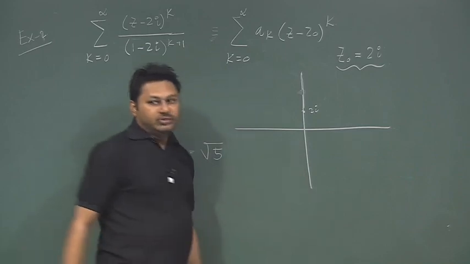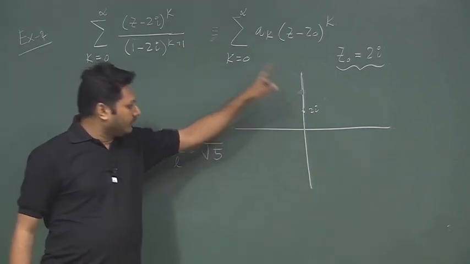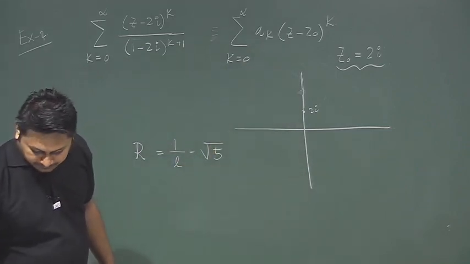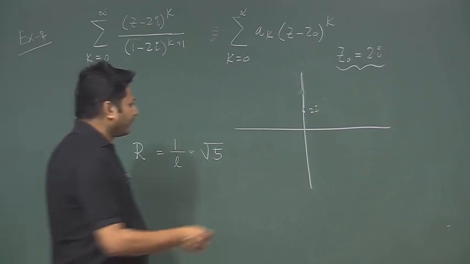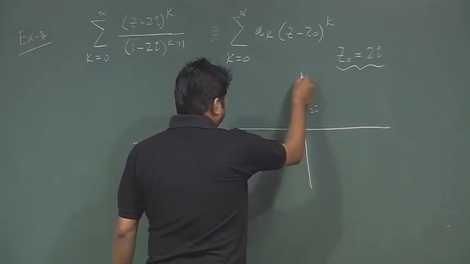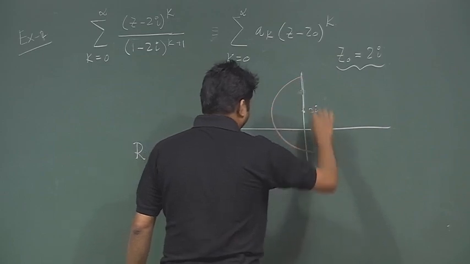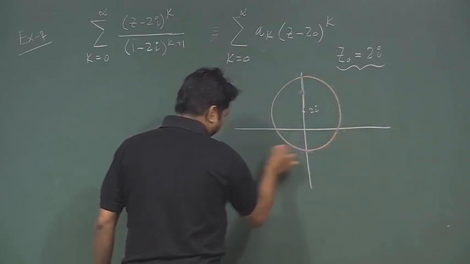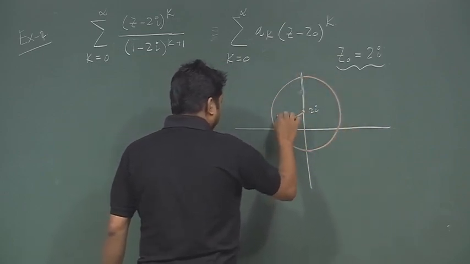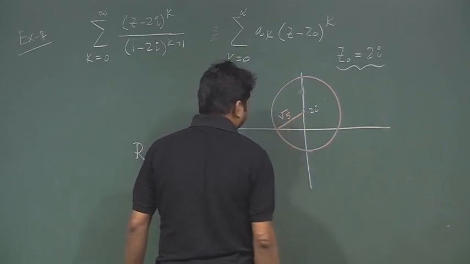and with 2i as the center I need to make a circle here with radius root over 5.